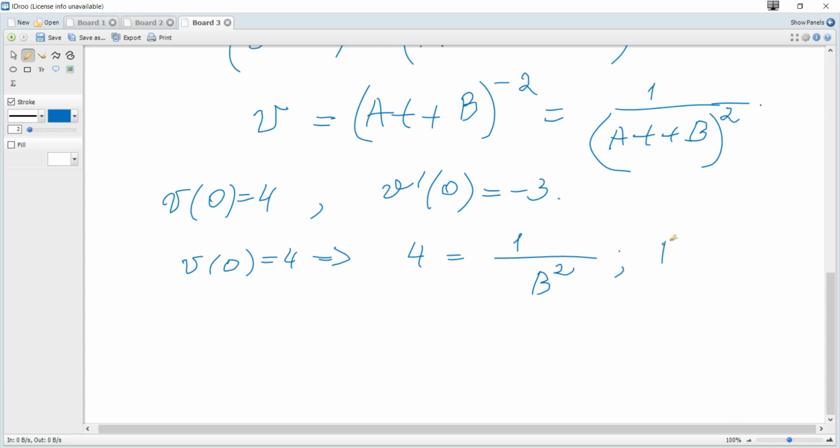By cross multiplication, b squared is 1 over 4, so you get that b is a half. So b is found.